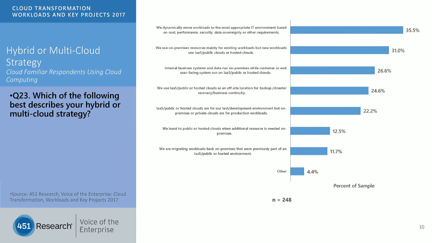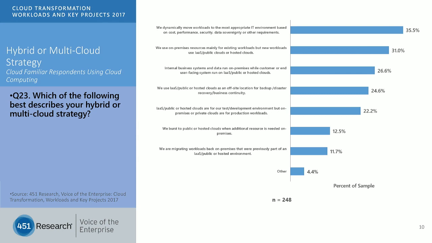And the answers are quite varied, but you see at the top, not a majority, but most enterprises say we dynamically move workloads to the most appropriate IT environment based on cost, performance, security, data sovereignty, other requirements. Most enterprises consider they do already have a handle on using different cloud environments appropriately, based on either cost or security or whatever the major driver is. You pick the environment that gives you the best return. Most of the respondents say that they have a pretty good idea of doing that.